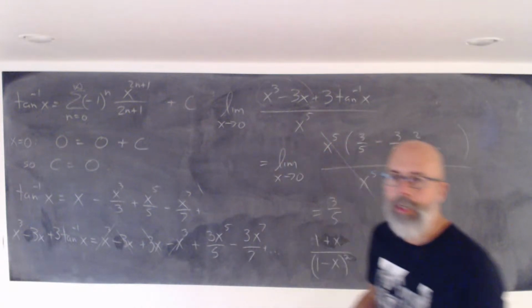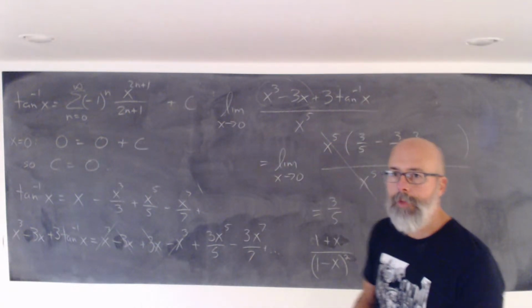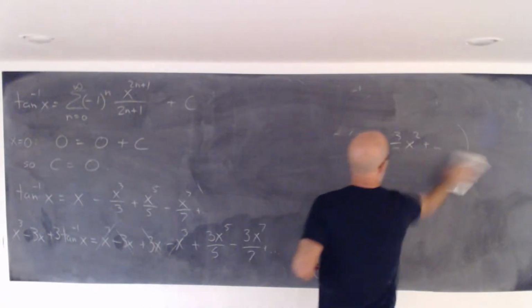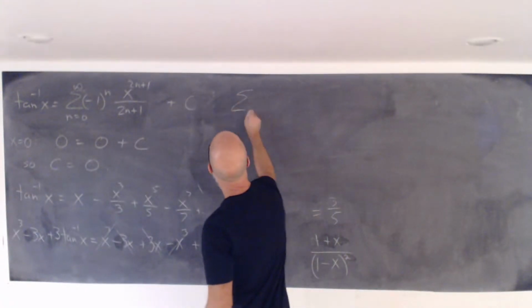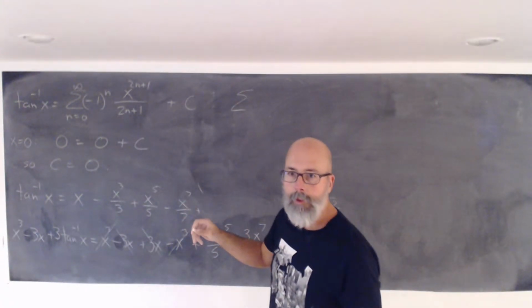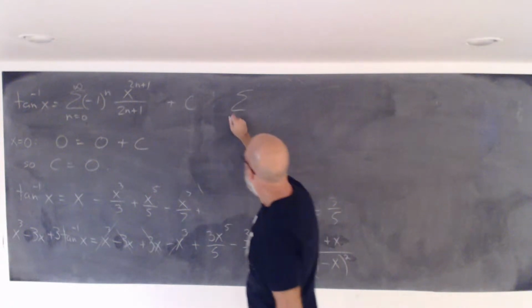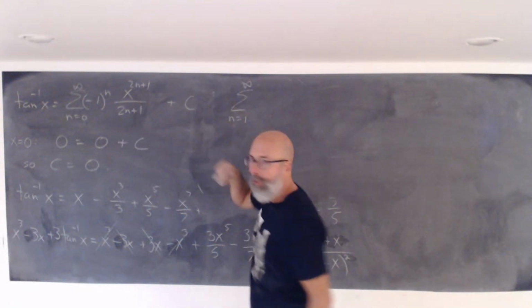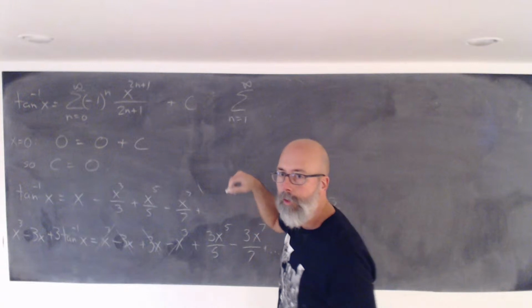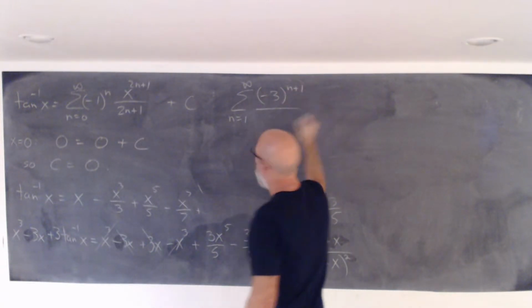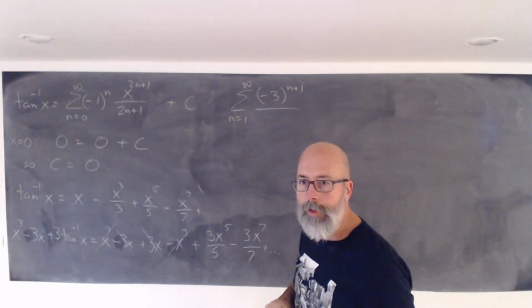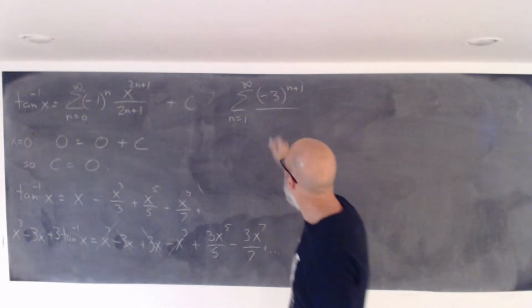Reza is asking, why is the summation from 1 to infinity of minus 3 to the n plus 1 over negative 5 to the n.